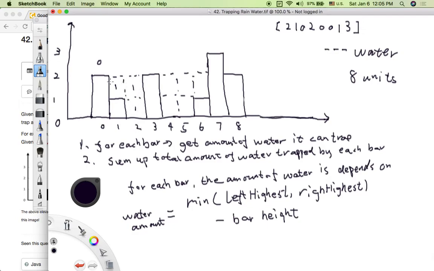Third one, the left height is 2 and the right height is 3, so we take the left height 2 minus its own height, that's 2.